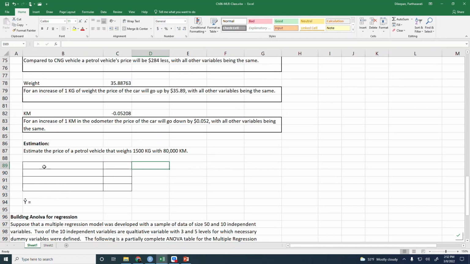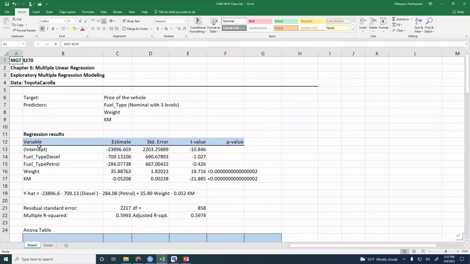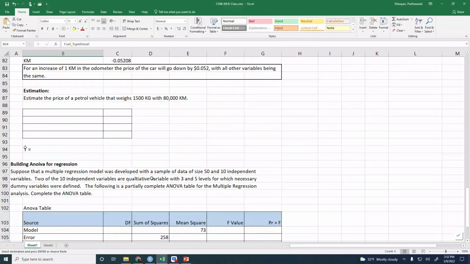Okay, these are the variables that we have to look at. So these are the 4 variables that we have to set up values for.